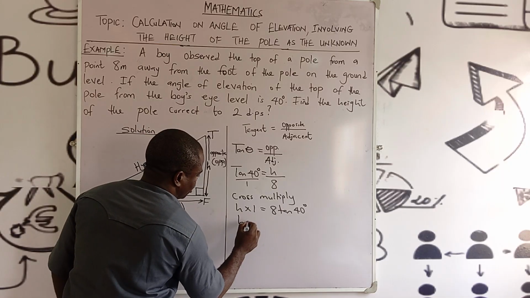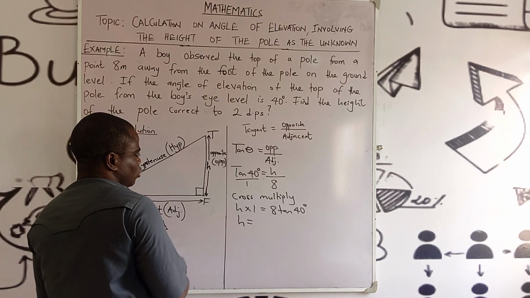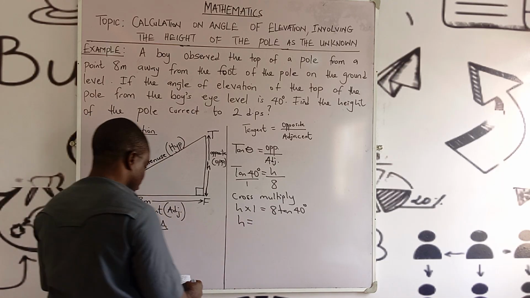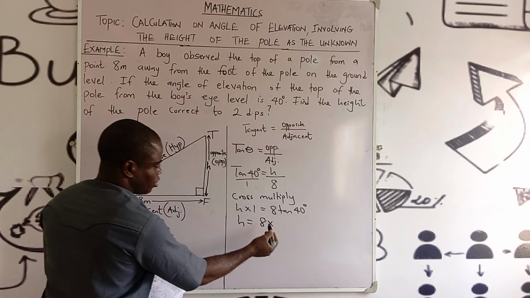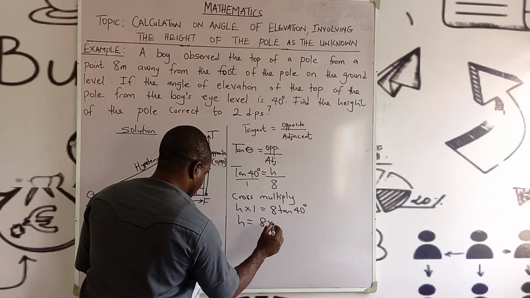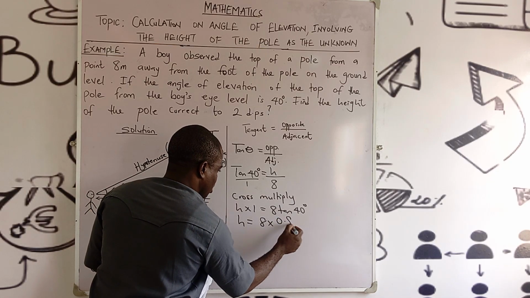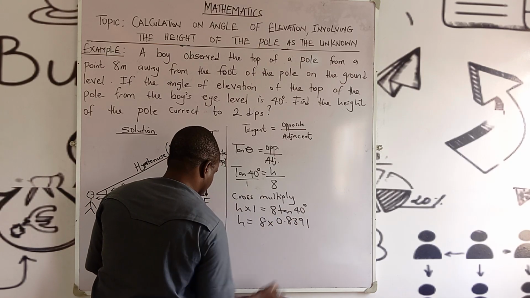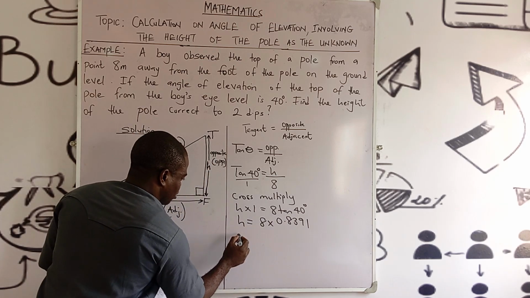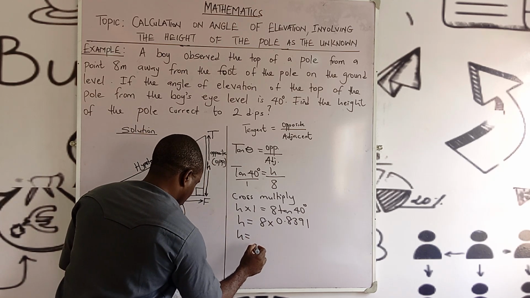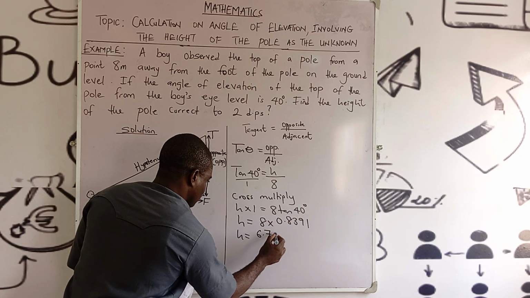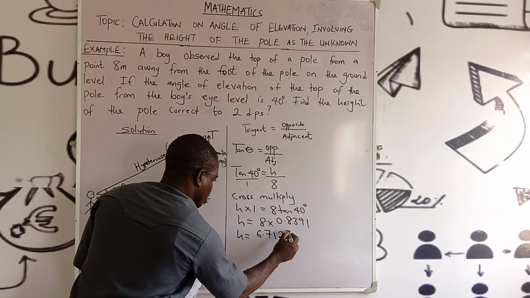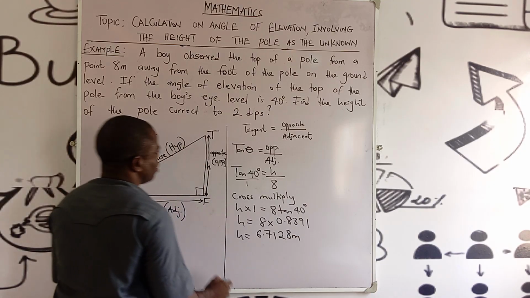H times 1, that's H, because you have to know what tan 40 degrees is. You have 8 times, when you press your calculator, tan 40 degrees will give us 0.8391. When you multiply that, it will be 6.7128 meters.